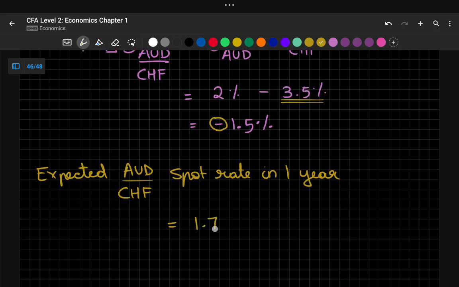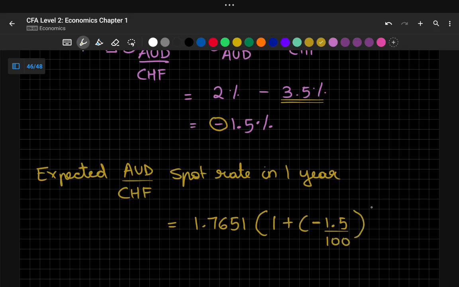So 1.7651 into the percentage change, but you have to add a plus 1 to it. So 1 plus minus 1.5%, change it back to decimal point.